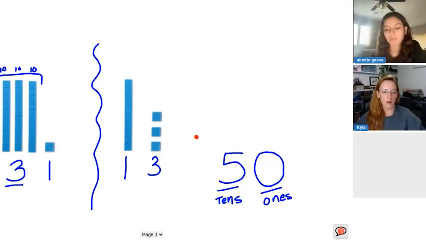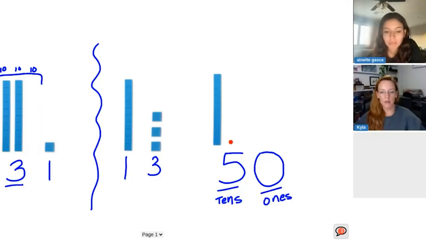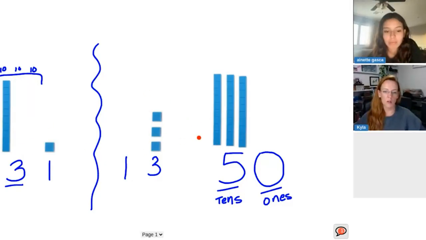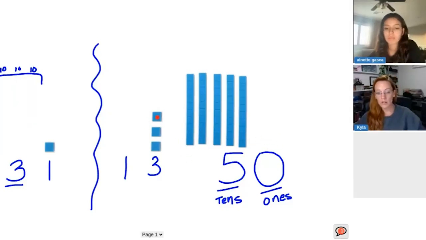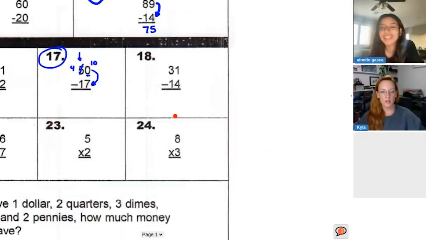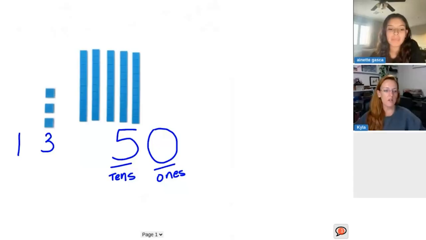So we would have 5 of these kind. Five of those and none of these. It says 0 of those. But then it tells me, how many did it ask me to take away? I can't even remember. Oh, 17. It tells me take off 17 of those, right?